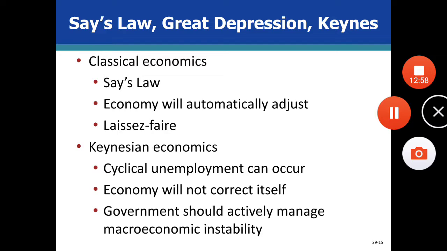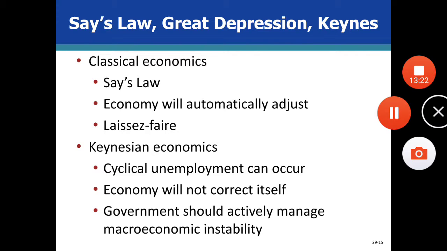Keynes proved that prices and wages are at least sticky downwards. So Keynes is of the view that cyclical unemployment can occur, the economy is not self-adjusting, inventories can pile up, and unemployment can exist for a longer time.